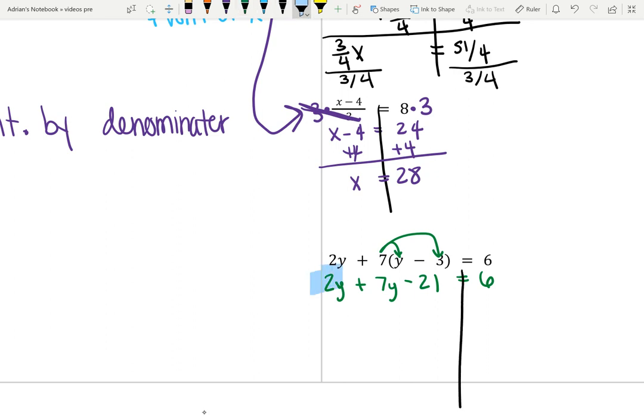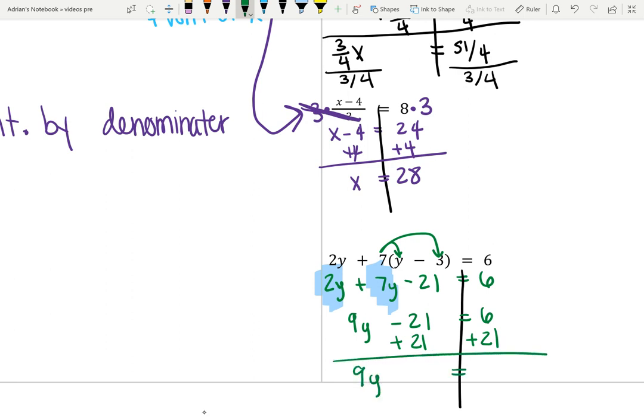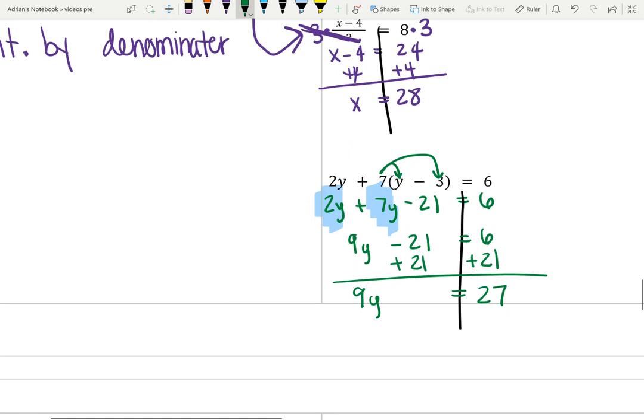Now I can combine my like terms, 2y and 7y, to become 9y. Then I have to add my 21 over. And I get 9y equals 27. Divide by 9, and I get that y is equal to 3.